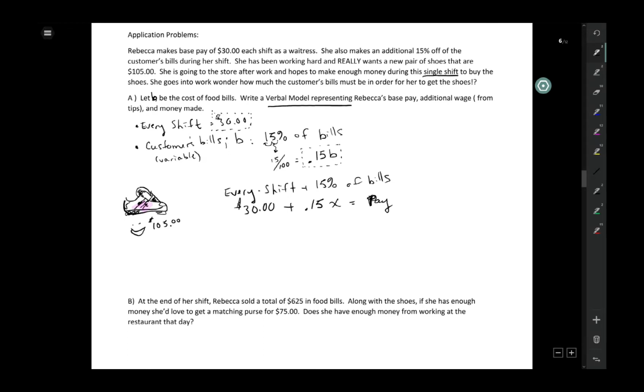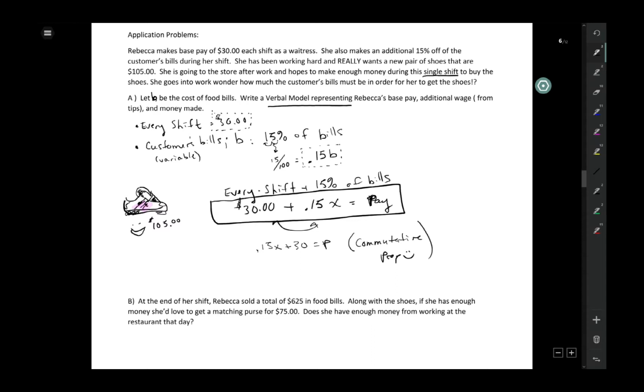Here's your verbal model. Equals P, where P equals pay. As long as you have this, that's fine. If you have these in opposite directions, that's fine as well. 0.15x plus 30 equals P. What property is that? Well, they're commuting each side. That's our commutative property. Don't be forgetting those. And that is what she can use to determine how much money she has.